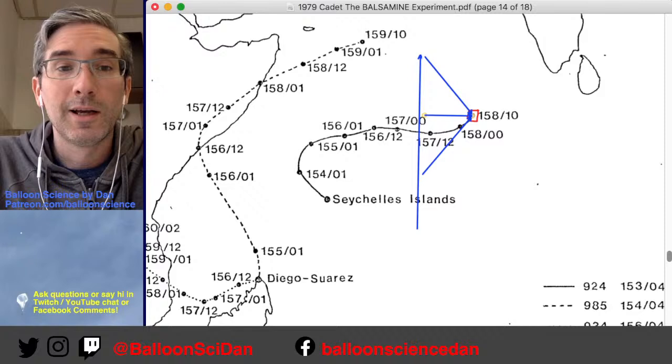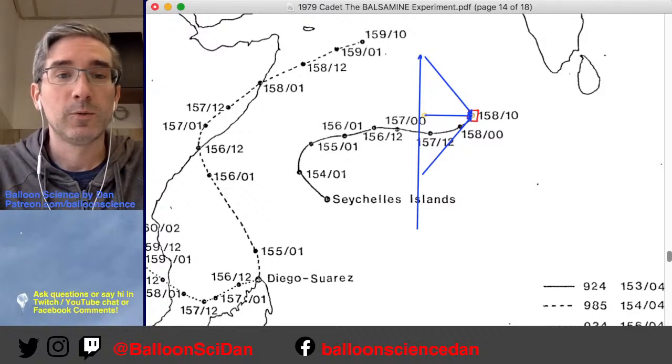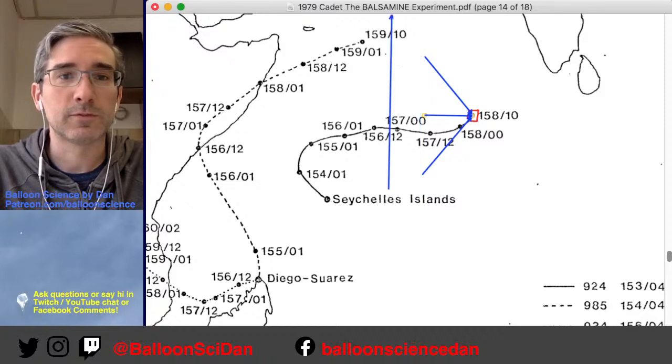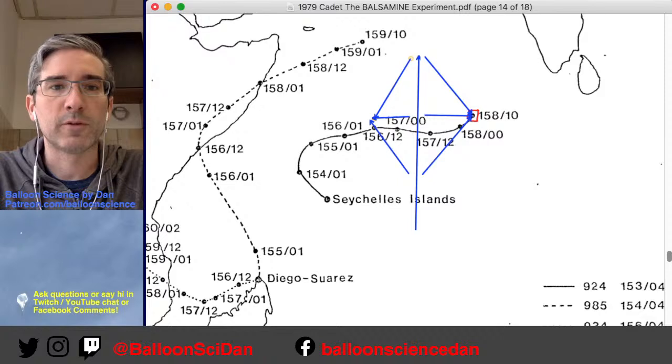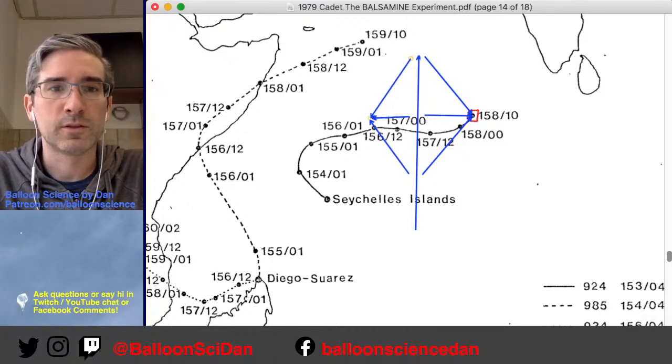However, that doesn't tell you whether it's left or right of the satellite. It could be over here, a mirror of the solution on the other side of the satellite path.